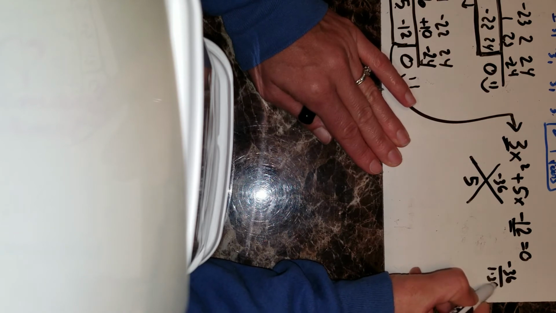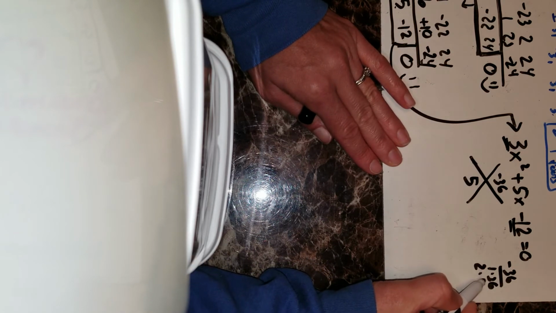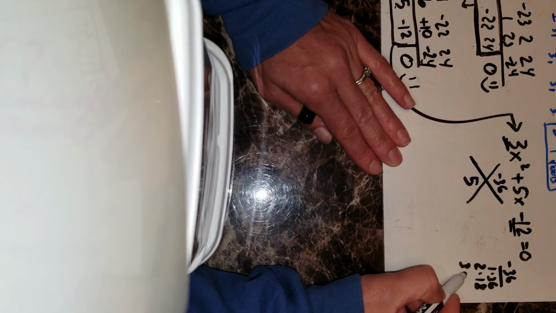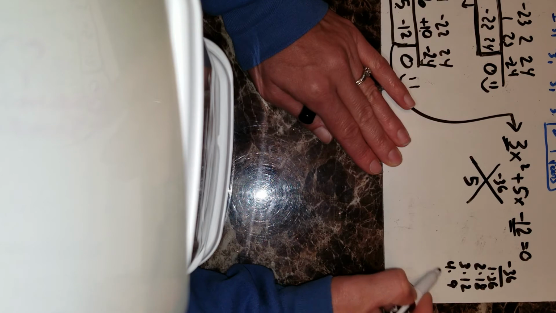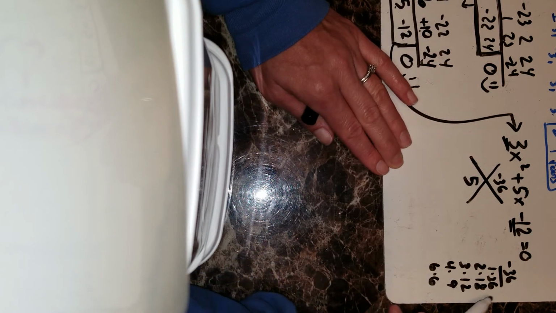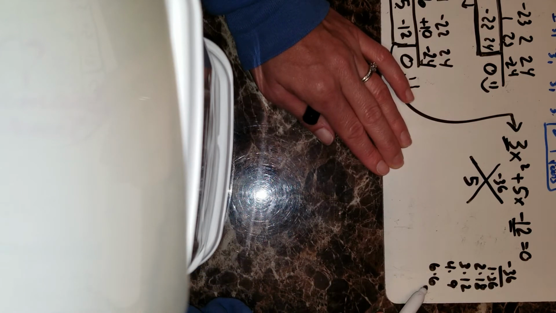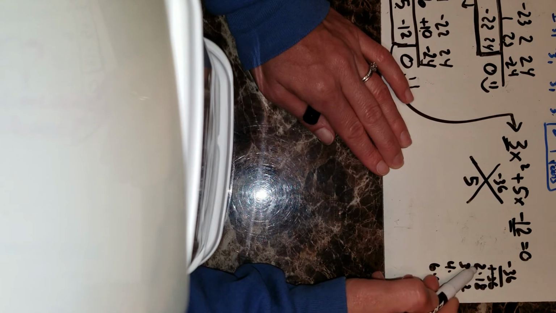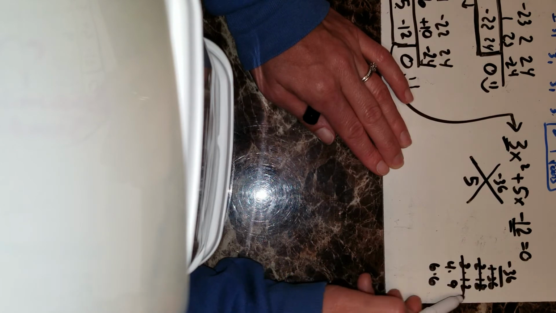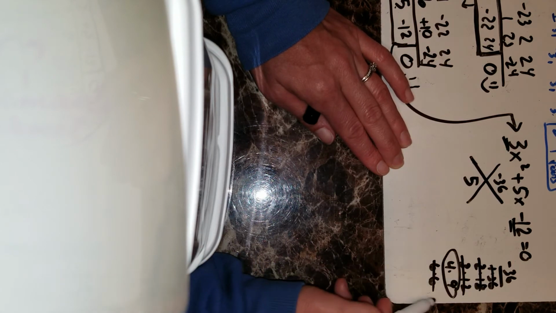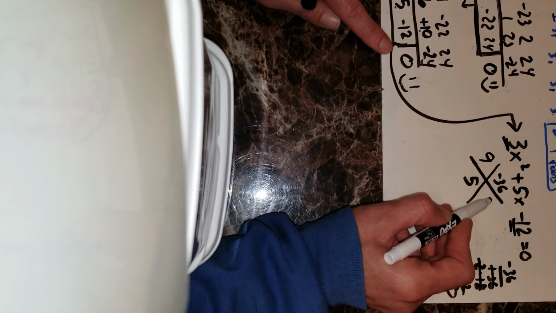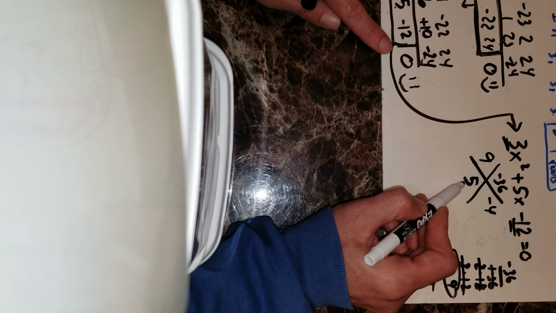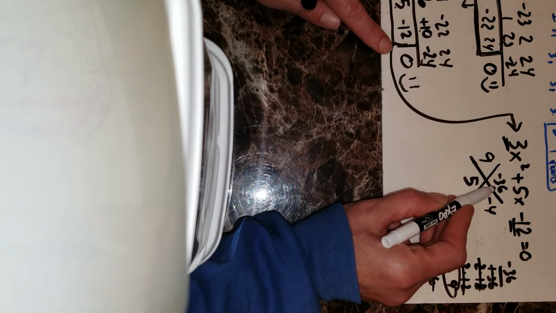So 1 times 36, 2 times 18, 3 times 12, 4 times 9, 6 times 6. So you look for the pair that adds or subtracts to 5. That does not, that does not, that does not. This does, and that does not. So if I do 9 minus 4, I get positive 5. And then if I times them, I get negative 36.